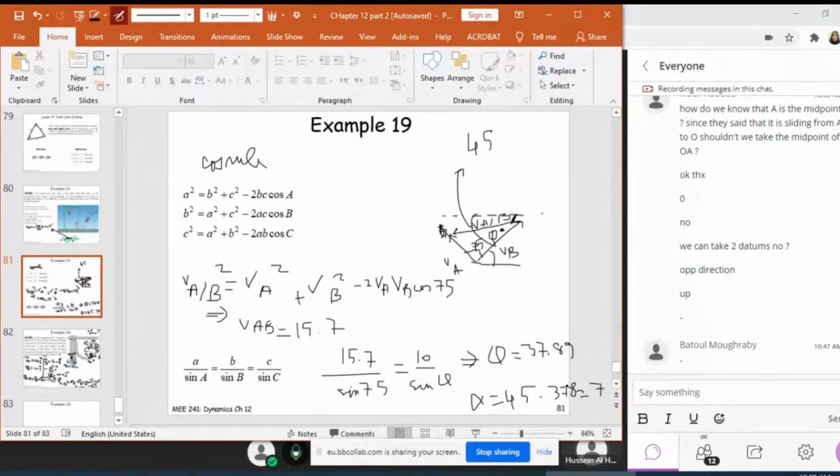All right? So guys, you have to determine the velocity, which means you have to find the angle with x or the angle with y. So what I did here is to find the angle with x. I know that this is 45 degrees. I found this angle phi from the triangle, from the sine rule, so this angle phi here is 37.89, and the whole angle is 45, so I can find the angle with the x-axis, and this will be about 7 degrees.